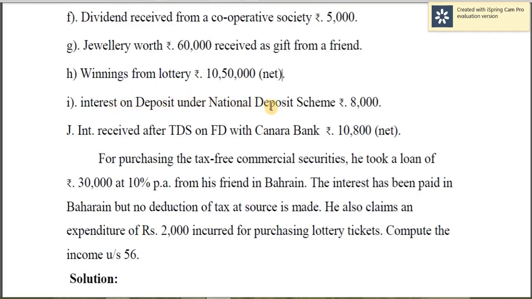Interest on a national deposit scheme is a taxable government security, and there is no TDS, so 8,000 should be taken as it is. Interest received after TDS on the FD is 10,800. The net amount is very clearly given, so that should be grossed up: 10,800 into 100 by 90.